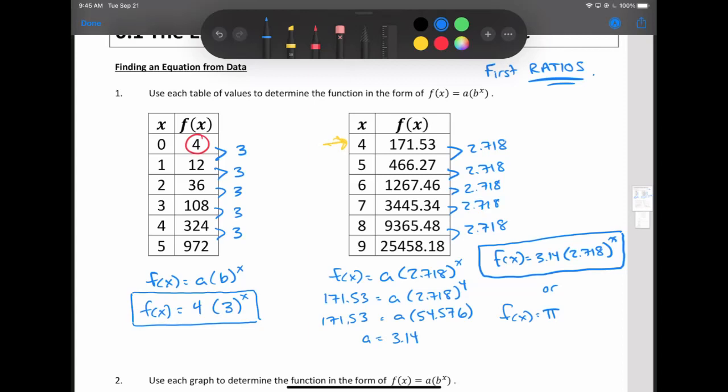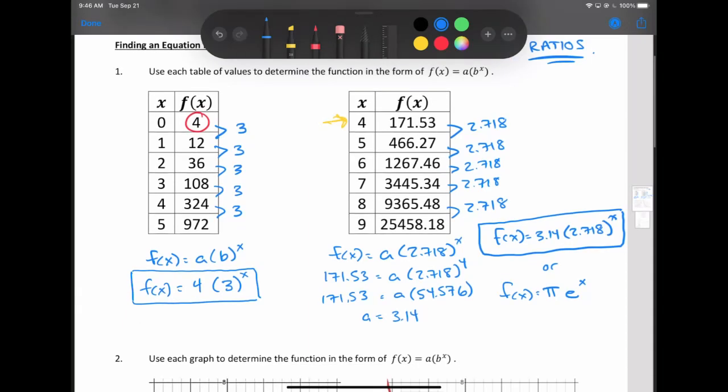And the base is actually Euler's number, which is e to the x. That's the kind of thing you might see in calculus a little bit more, where you'll really focus on the e and the importance of e. And pi, you already know lots about the importance of pi. So I just thought I'd point out that that's how that table of values was actually generated. I didn't just choose random numbers. I did f(x) = pi times e to the x. And we were able to get it, at least as a decimal, fairly easily.